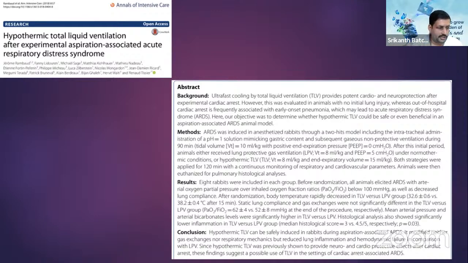For partial liquid ventilation, the first study was in Pennsylvania in 1989, where near-death infants were enrolled and partial liquid ventilation was tried.